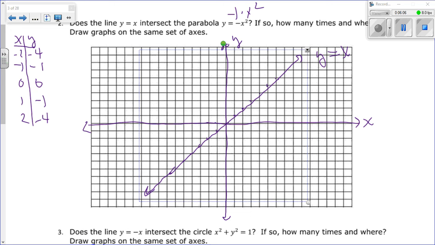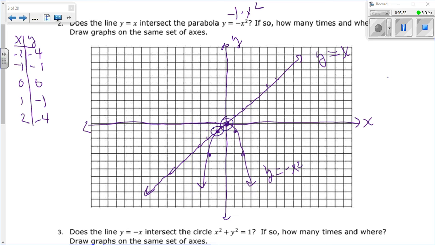So -2, -4, -1, -1, 0, 0, 1, -1, and then 2, -4. I think I said -1, 1 instead of -1, -1. And this is y equals -x squared. Oh, well, I certainly didn't mean to do that.